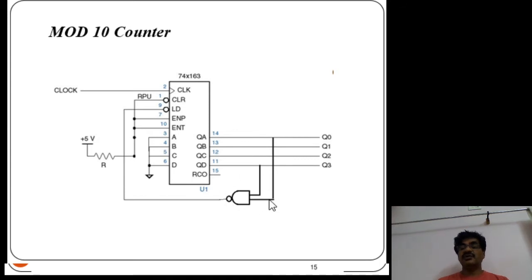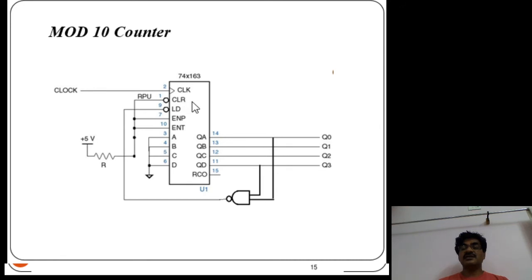QD and QA are used as the input bits for the NAND gate. The purpose of this connection is that whenever the output becomes binary 9, the NAND gate output is 0.